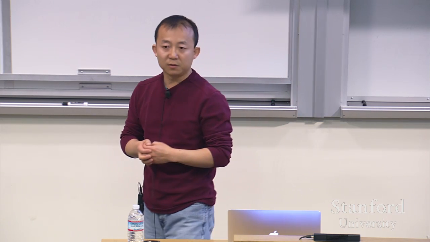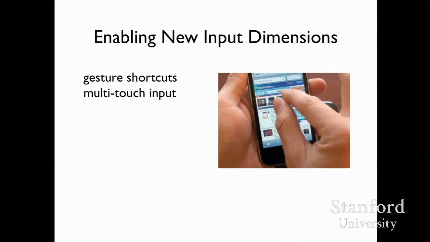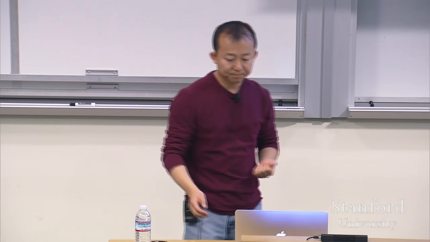Then I will talk about multi-touch input, the most important class of input behaviors on mobile devices. And I will discuss the fundamental challenges multi-touch input has raised to interactive computing and how we can address them using advanced tools.